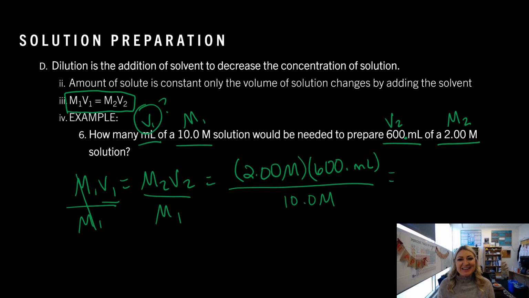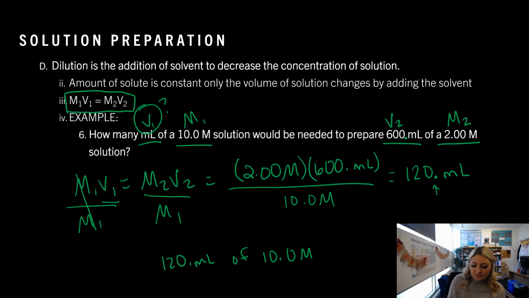We'll plug this into our calculator and we'll round to 3 sig figs because that is the least in the problem. And we get 120. milliliters. And I include that decimal because I want to have 3 significant figures. So what this is essentially saying is I need 120 milliliters of a 10.0 molar solution to start.